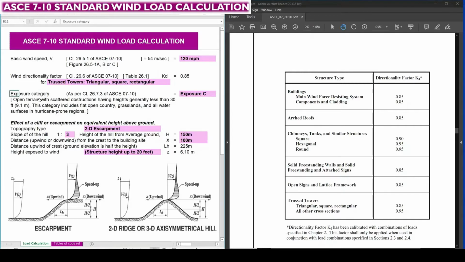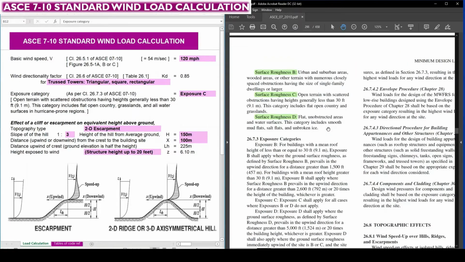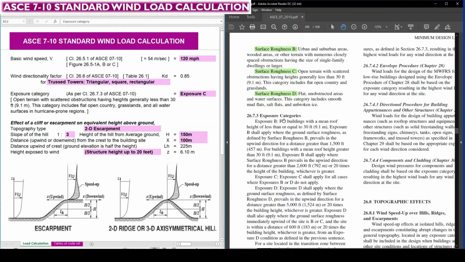Next, we need to find out the exposure category. For that, clause 26.7.3 is to be referred, page number 298. So here you can see the exposure category definitions. Exposure B is for buildings with a mean roof height of less than or equal to 30 feet or 9.1 meters.